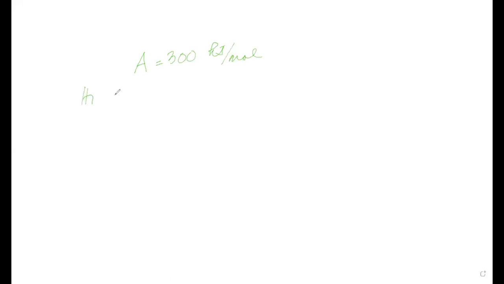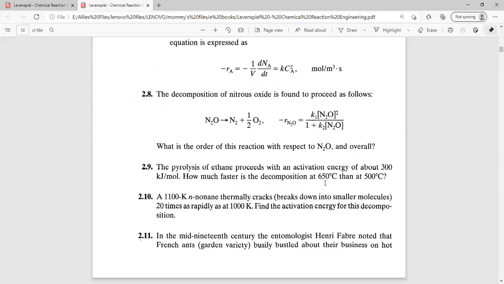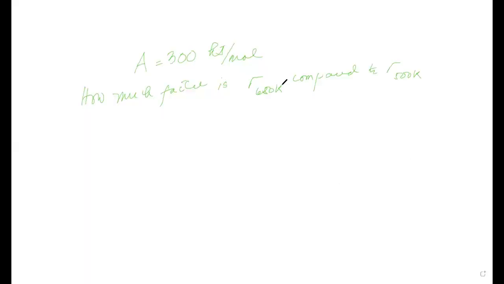How much faster is the rate at 650 compared to the rate at 500? Is that K or is that C? Let me check. Oh, 650 C and 500 degrees Celsius. So it should be changed. This is Celsius, and this is Celsius also.